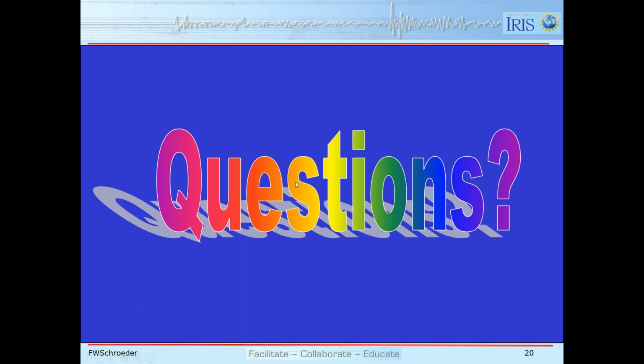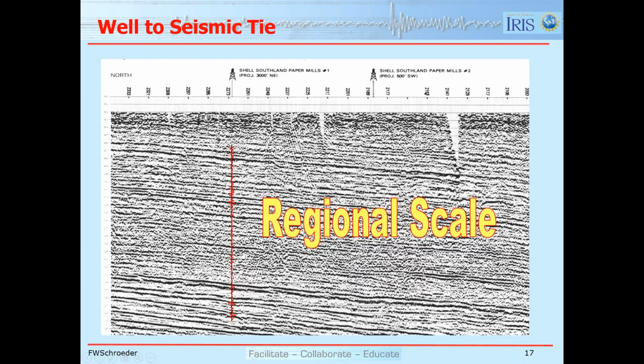So the line that I had up there, the frequency content here might be 10 to 35 or 40 hertz. I could filter the impedance log for that frequency range, and then use that information as a way to try to relate the well data and the seismic data.